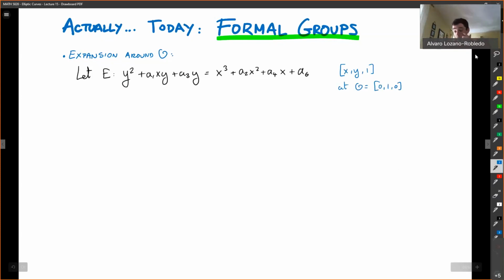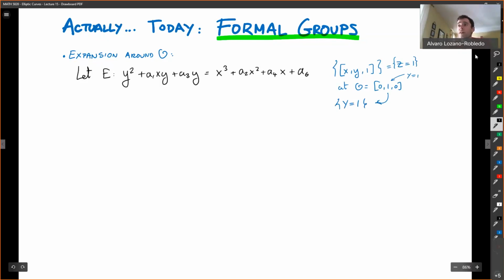This is when we dehomogenize at the chart z equals 1. But at O, z equals 0. But what we can do is, since y is 1, I'm going to dehomogenize at the chart y equals 1 instead. Okay, so instead of at z equals 1, I'm going to dehomogenize at the chart y equals 1.